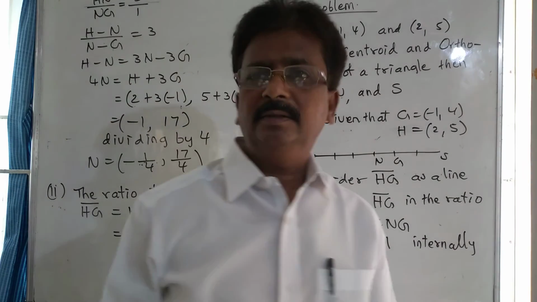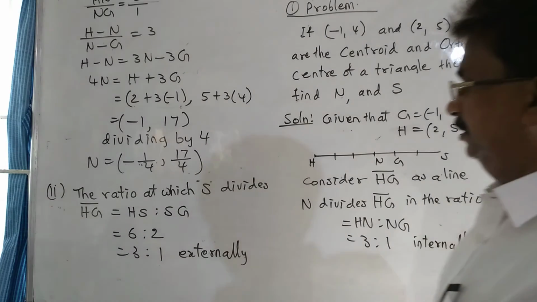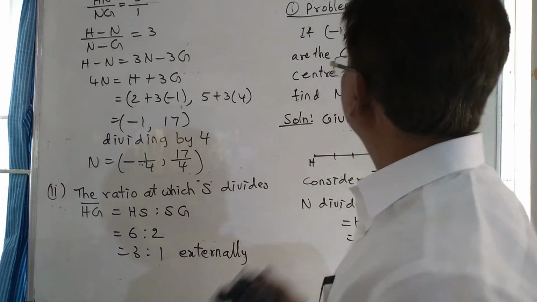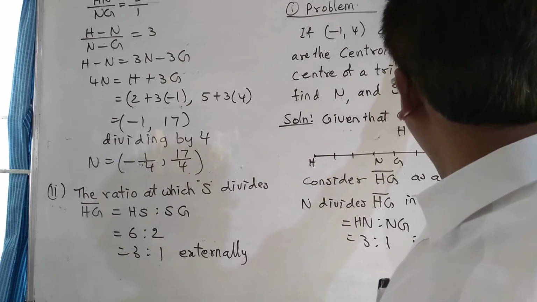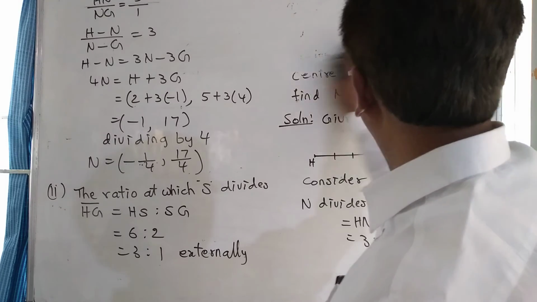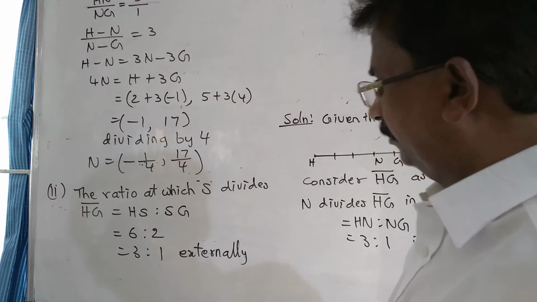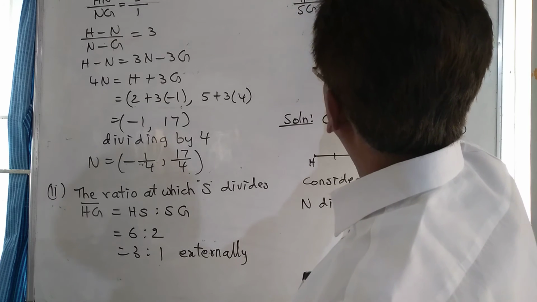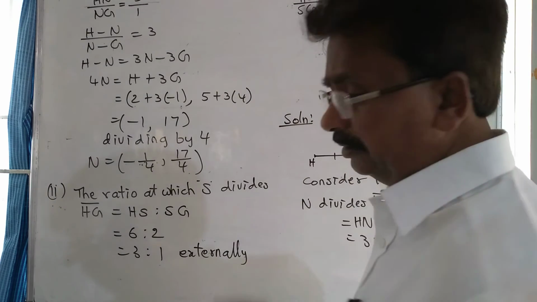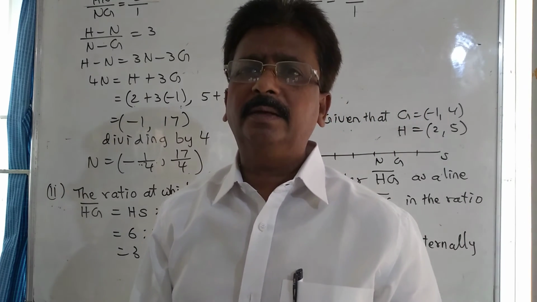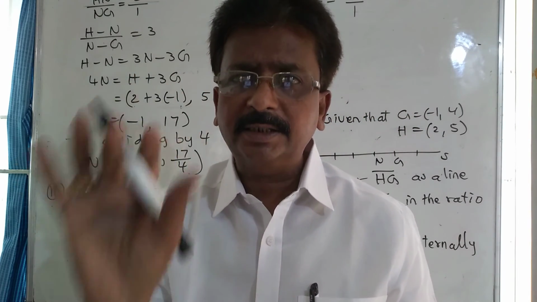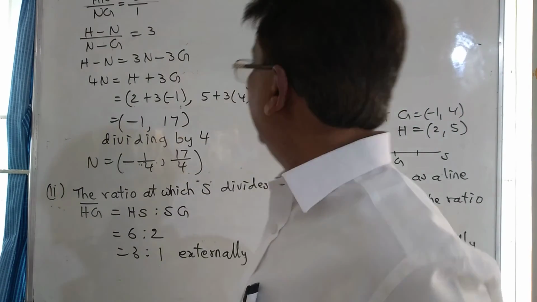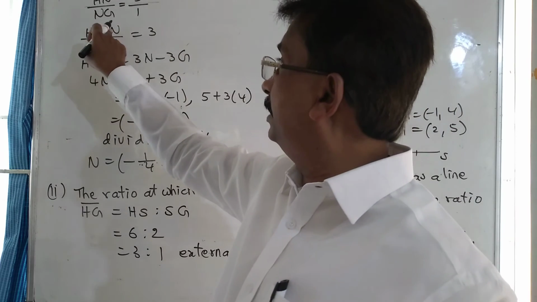Now let us write the coordinates of S. By taking HS by SG, HS by SG is equal to, the ratio is 3:1, but it is an external point, therefore we have to put the minus sign, minus 3/1.